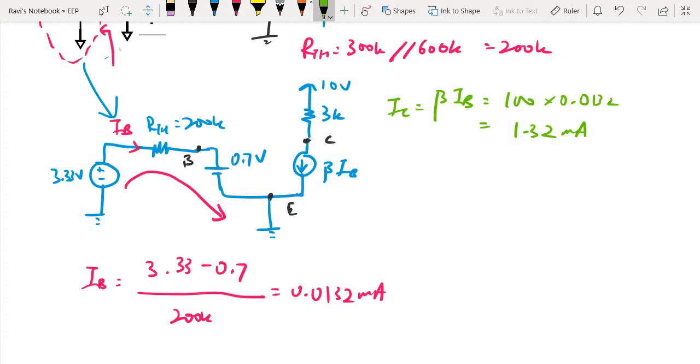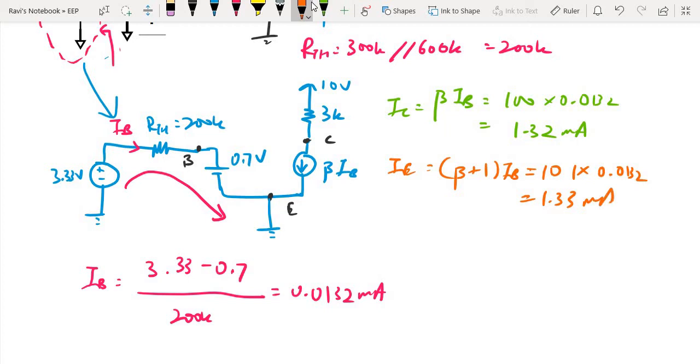And if I find IC, I can also find IE. So IE is equal to beta plus 1 times IB, which is 101 times 0.0132, which is 1.33 milliampere.